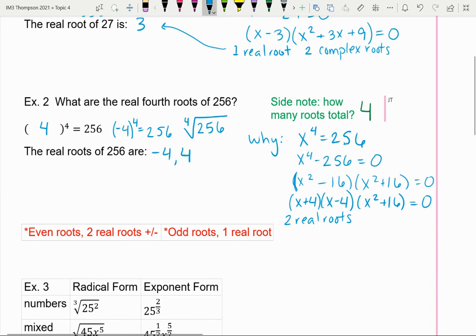So x plus 4 and x minus 4 will give me 2 real roots, namely -4 and +4. And then x squared plus 16, if I were to solve that, I would get imaginary roots.